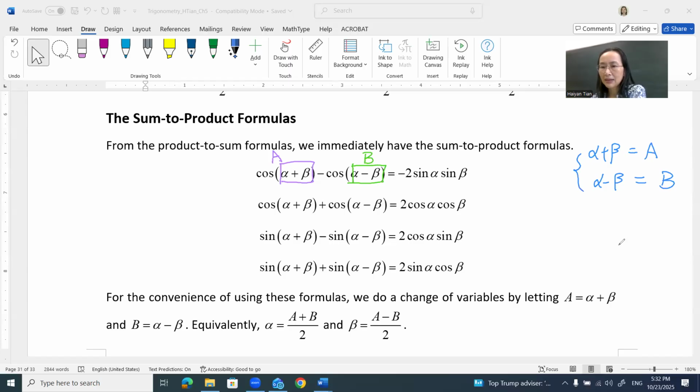When we add the two equations together, 2 alpha must be A plus B. So alpha can be written as half of A plus B.